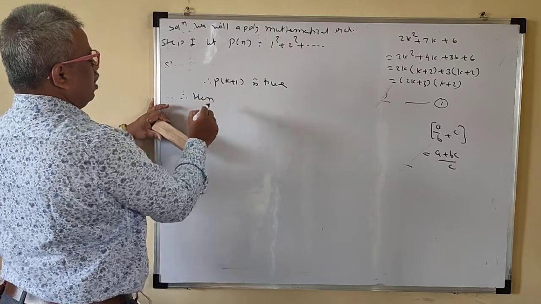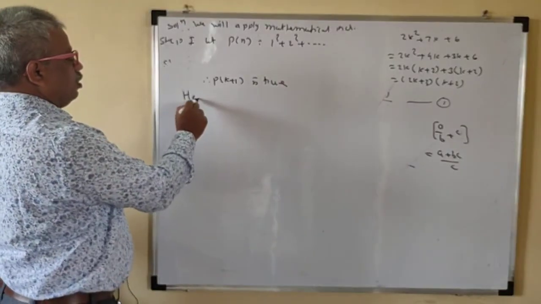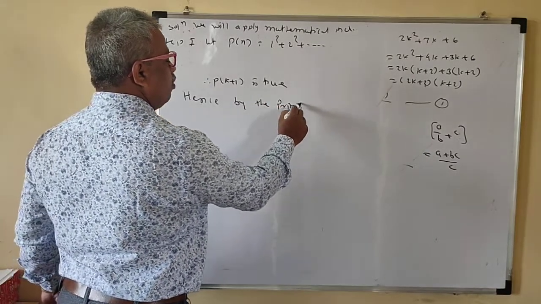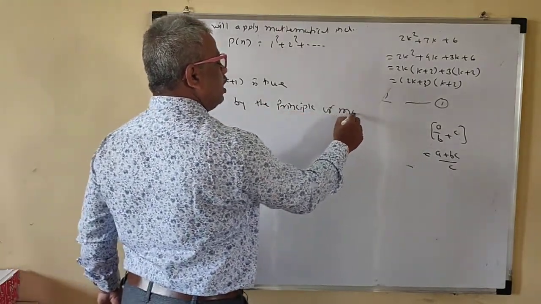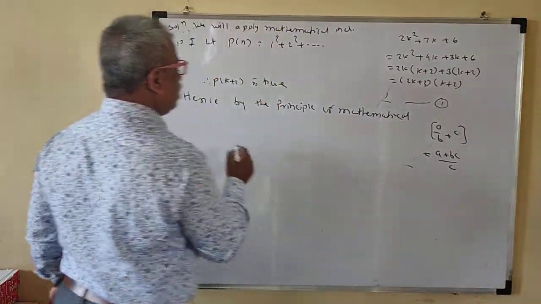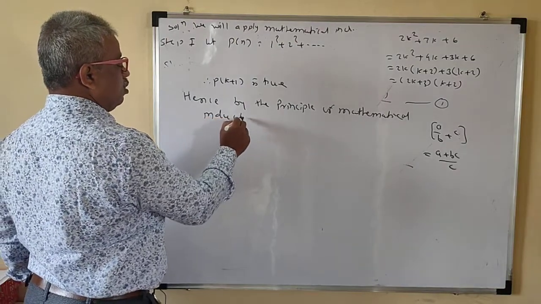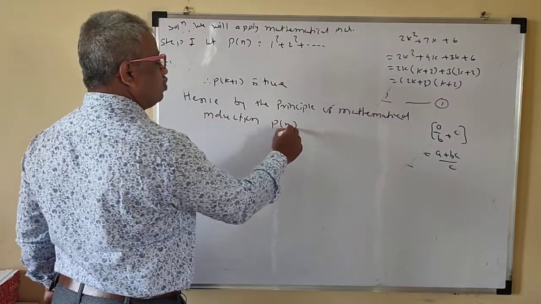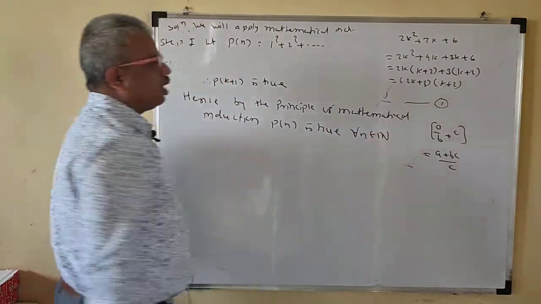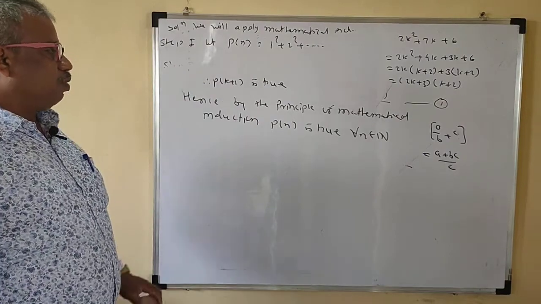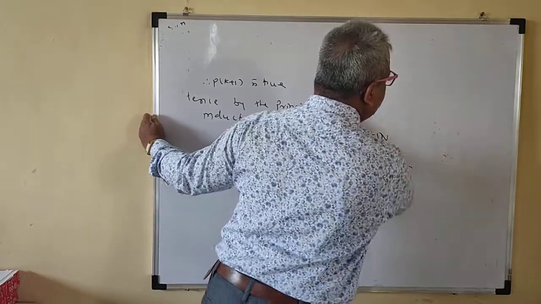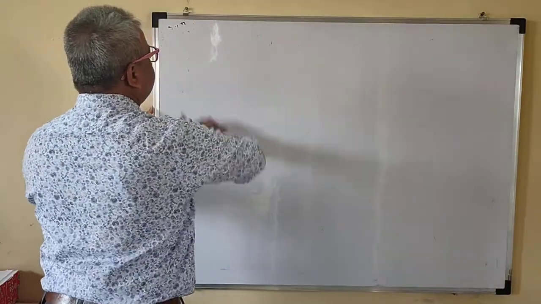Hence, by the principle of mathematical induction, Pn is true for all n belonging to N. Okay, so we have proved this. The problem is over here. Very simple problem. You have seen it in the 11th.